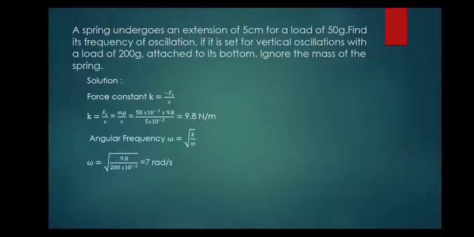So k is 9.8 divided by mass 200 into 10 to the power minus 3, which will be equal to 7 radian per second. So frequency of oscillation nu equals omega by 2 pi. Omega is 7 radian per second. 7 divided by 2 pi, you will get 1.11 hertz.